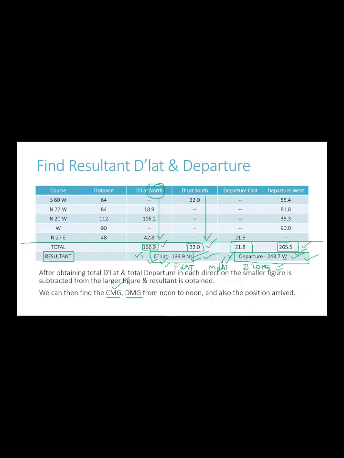Very good, beta. So using the same formula, tangent course is equal to departure upon DLAT. हम ये resultant departure और resultant DLAT को use करेंगे और हमारे पास हमारा course made good आ जाएगा. And how can we find out the distance made good, beta? By departure formula.